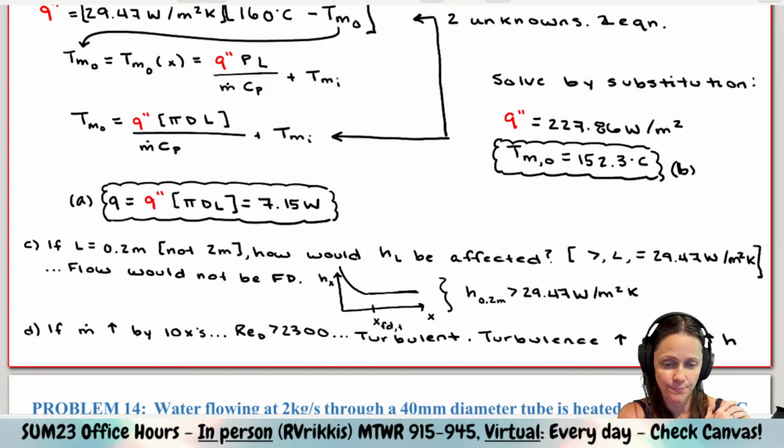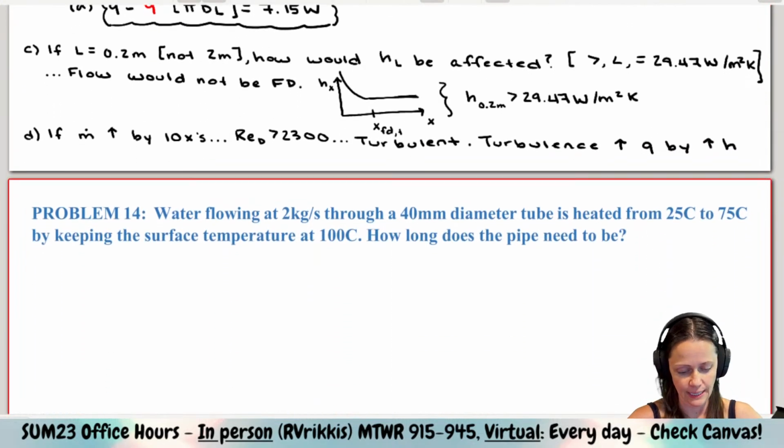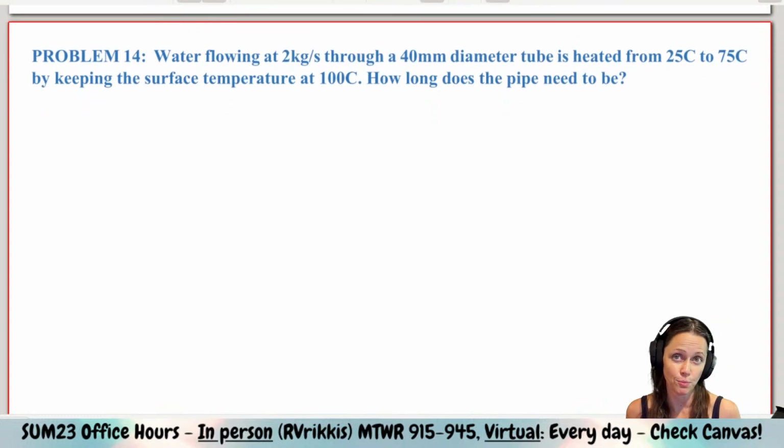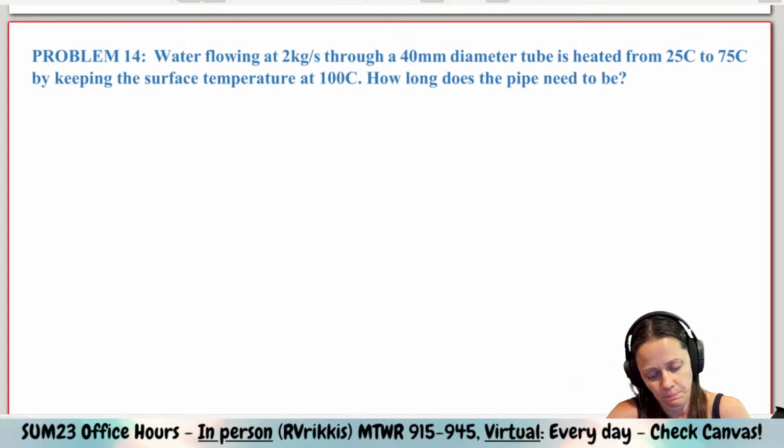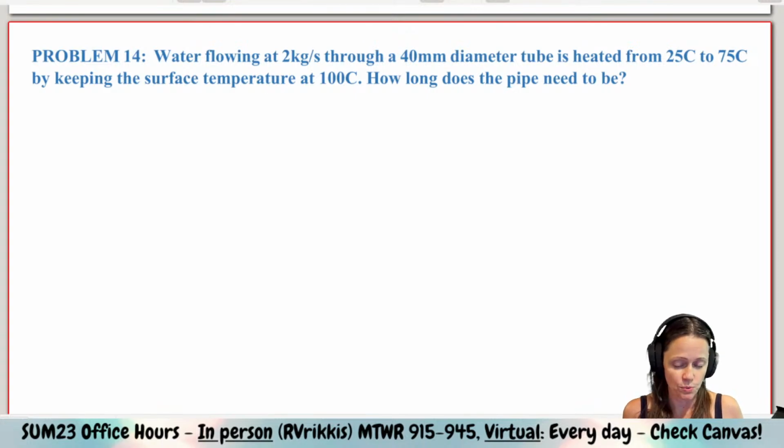All right, let's work this last problem, and I may throw another problem on there just so you have an extra one in case you want it. But you don't need it. I'm just throwing it on there for extra practice.